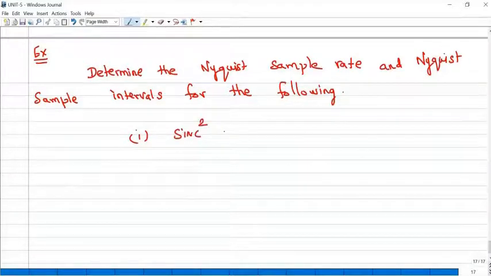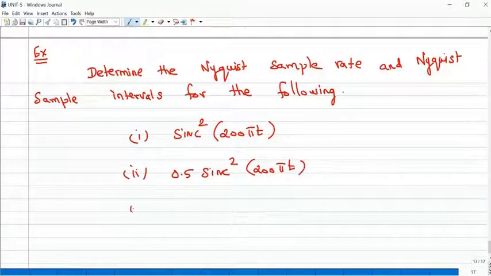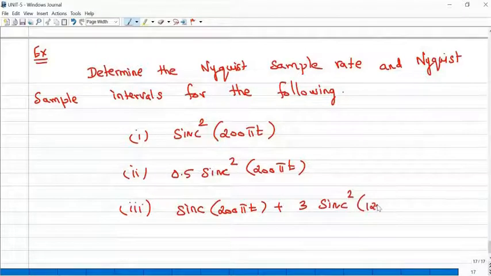Sin square of 200 pi t. Second question: 0.5 sin square of 200 pi t. And third question: sin 200 pi t plus 3 sin square of 120 pi t, a combination of these two.